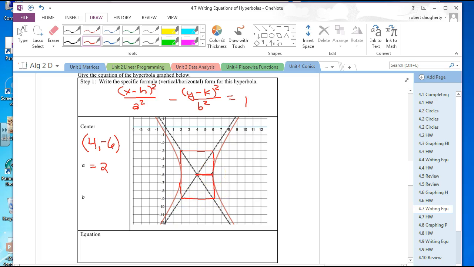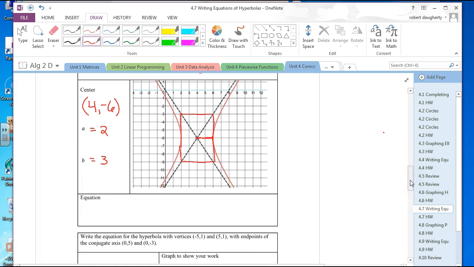B is the vertical. How far is that? That's 3. Okay. So what's the equation here? Okay. X minus 4 squared over 4. Yeah, minus y plus 6 squared over 9 equal 1. Okay.